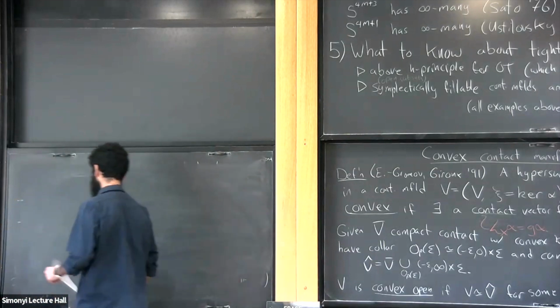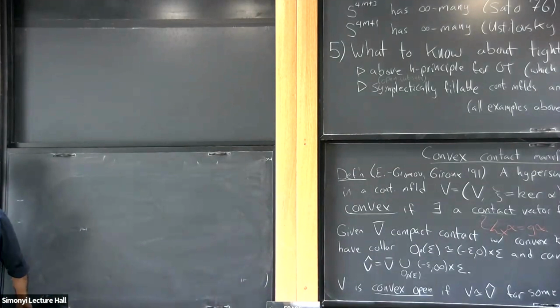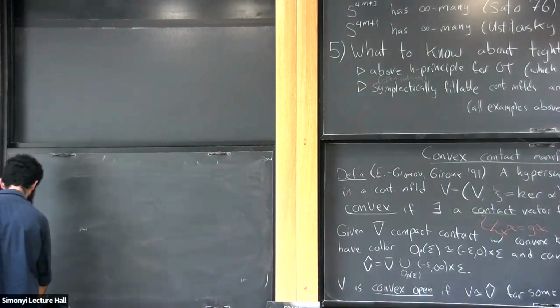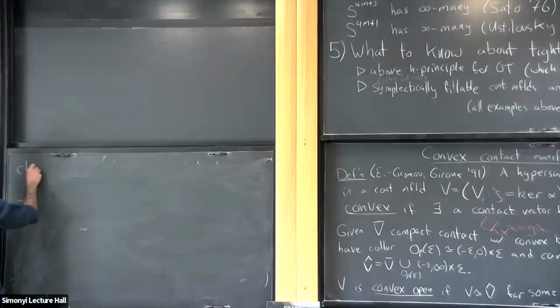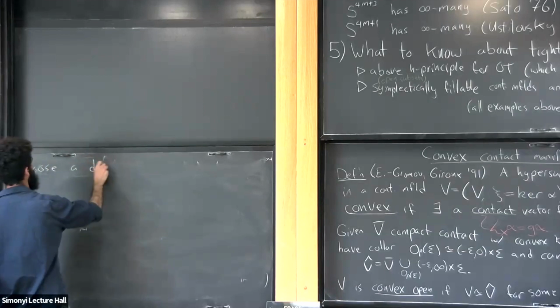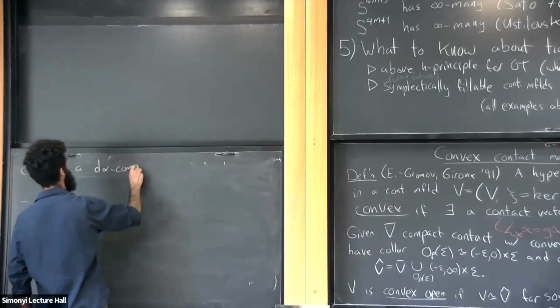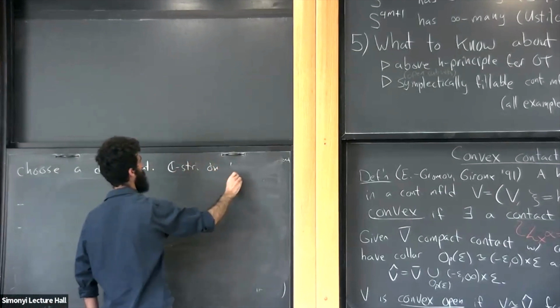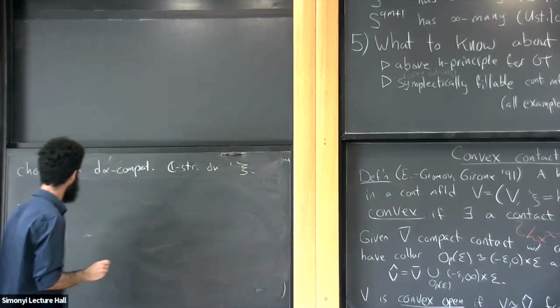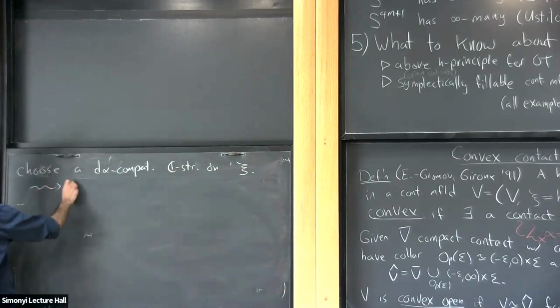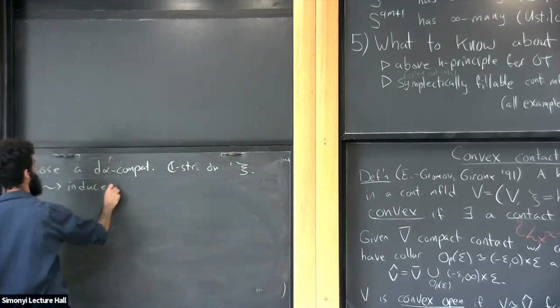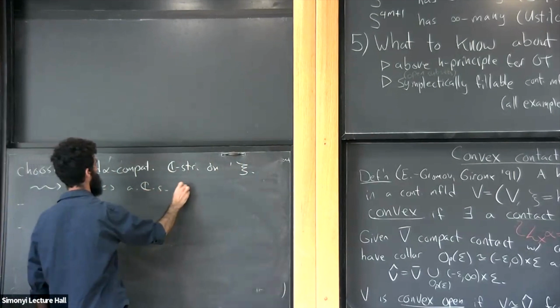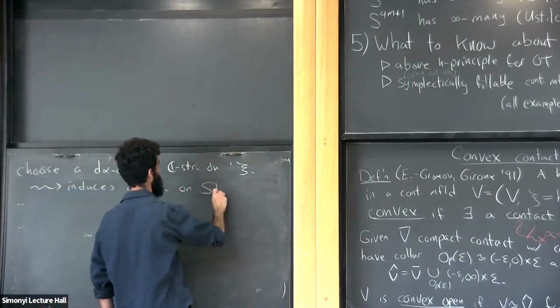Then we define a differential on it, about which again I'll say very little. So first we fix a d alpha compatible complex structure on the plane field. This induces an almost complex structure on the symplectization.